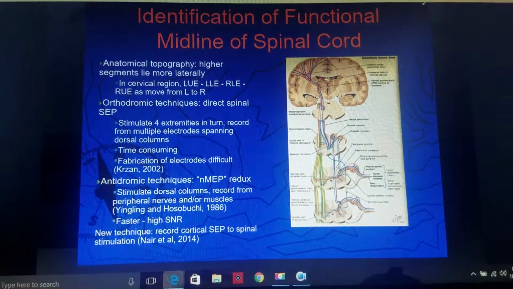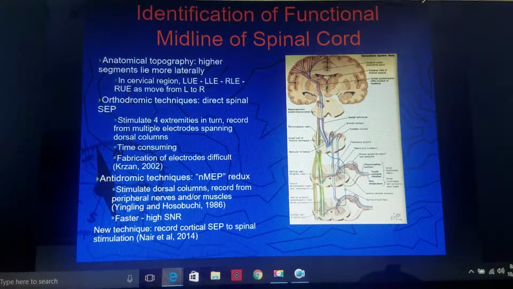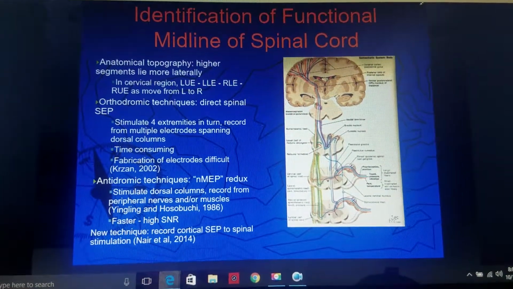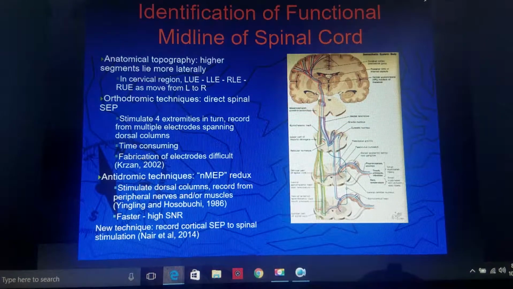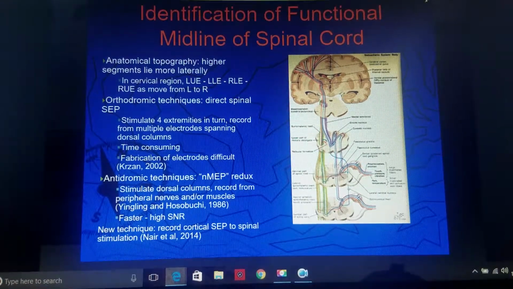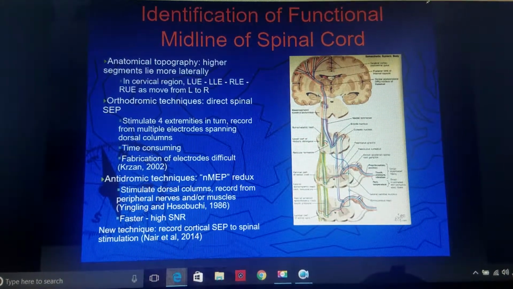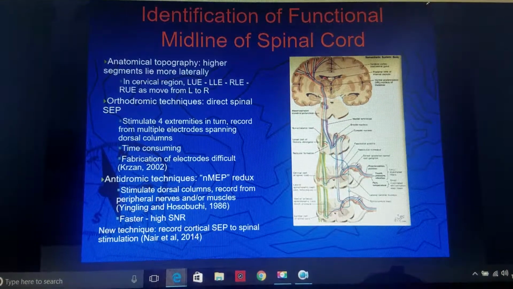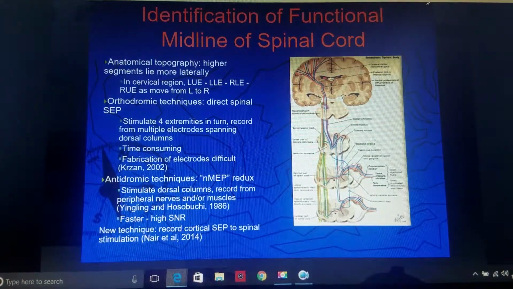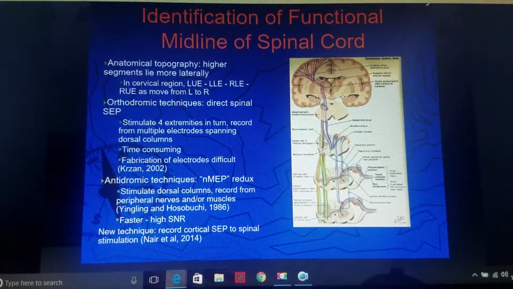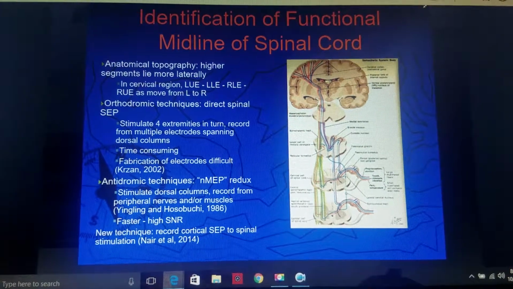Either way, by moving the stimulating electrode across from left to right, you can map exactly where the change from one lower extremity to the other is, find the area in the midline that may produce no responses, and determine exactly where the midline is.